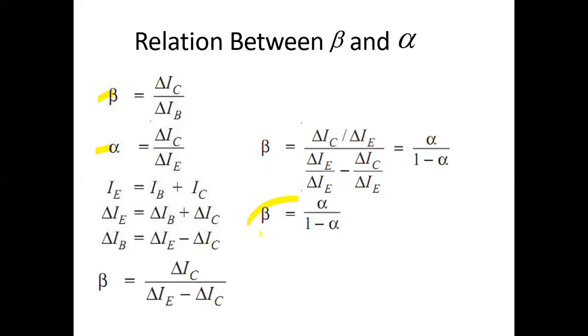This is the relation for alpha and beta, that is beta is equal to alpha by 1 minus alpha.